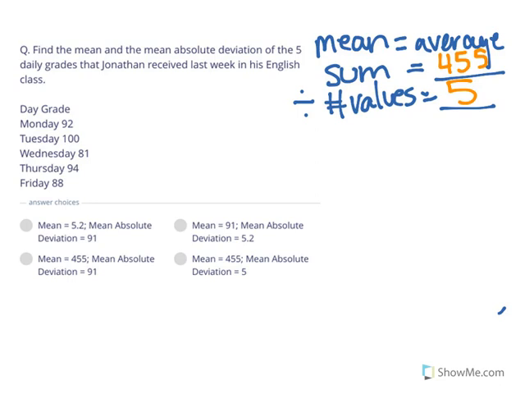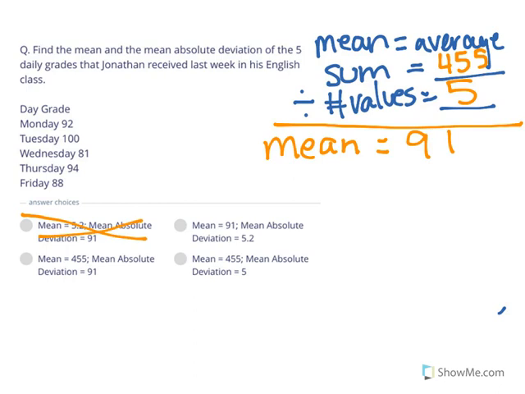So I now need to divide 455 by 5, and my mean is 91. So that can eliminate the first answer choice. It can eliminate the second answer choice. It can eliminate the last one. So the only one available must be our answer.